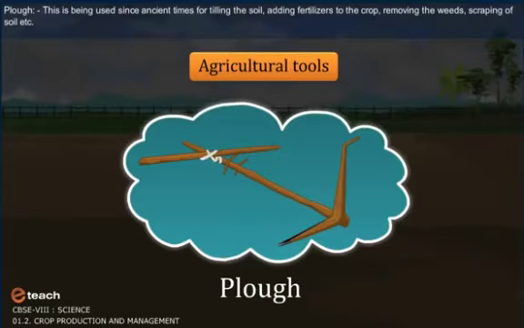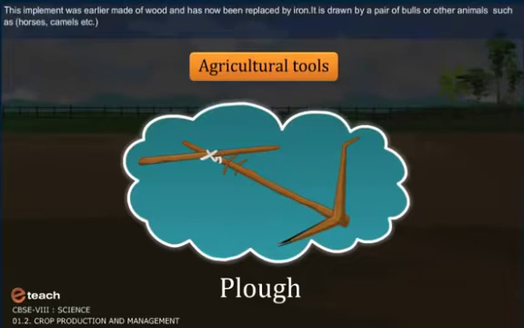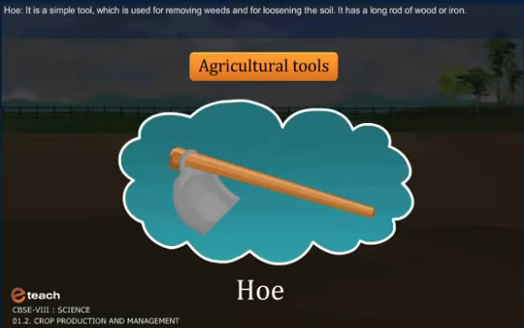This is being used since ancient times for tilling the soil, adding fertilizers to the crop, removing the weeds, scraping of soil, etc. This implement, earlier made of wood, has now been replaced by iron. It is drawn by a pair of bulls or other animals such as horses, camels, etc.